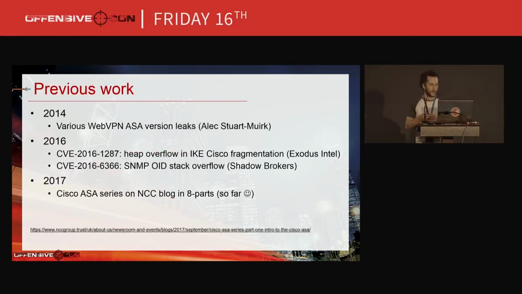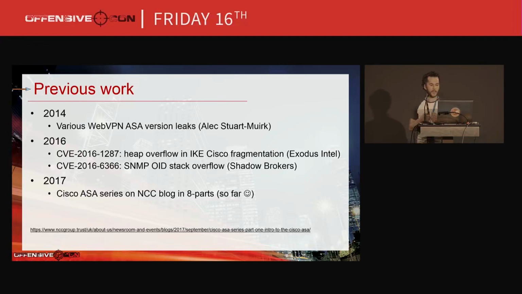So some previous work. There hasn't been much research on ASA, but there are a few very interesting ones to start with. In 2014, so it's almost 4 years ago, Alex Stewart presented a very original research on how to root Cisco ASA and how to leak the version remotely. It was a very good presentation with a Mario Adventure theme, which is quite nice slides to read.